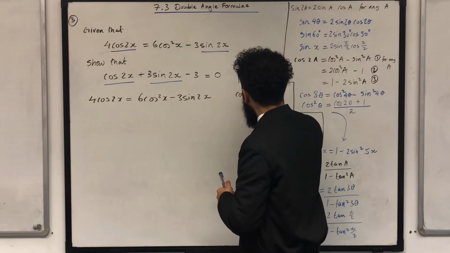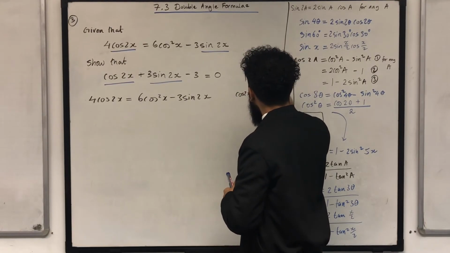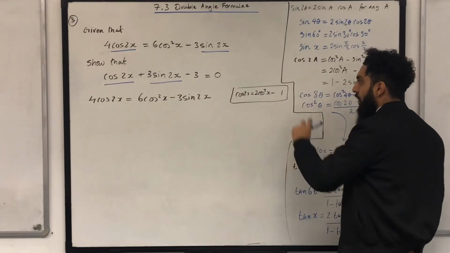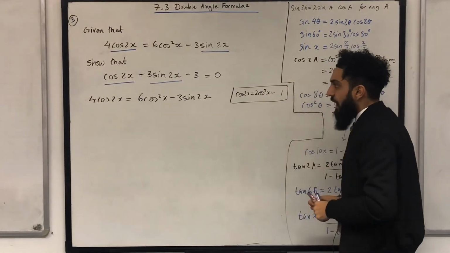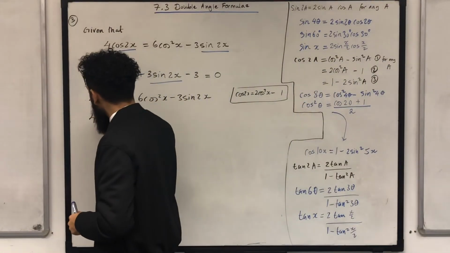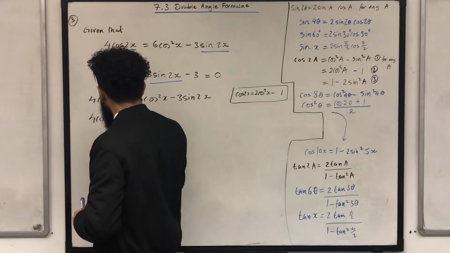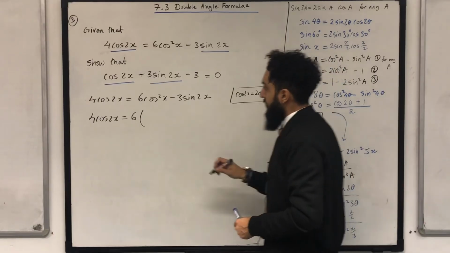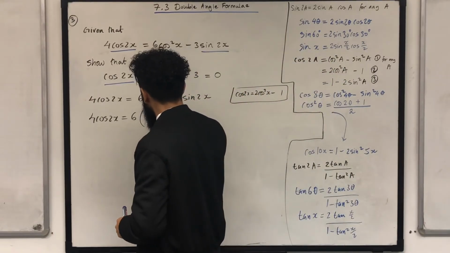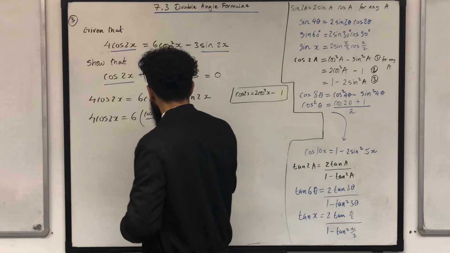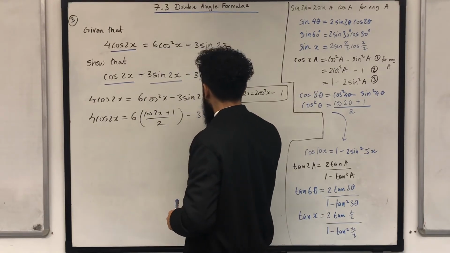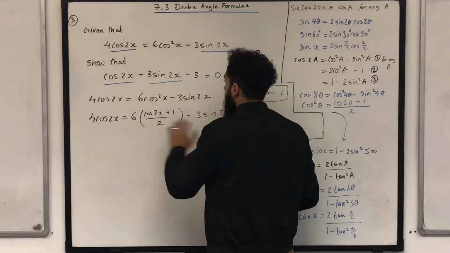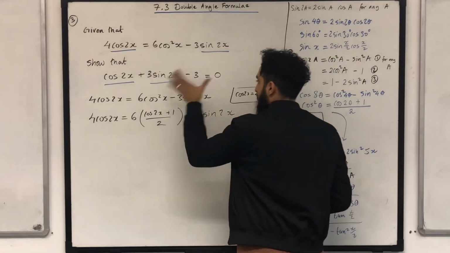Okay, so using representation number 2, modifying it, because over here you've got x's, I can modify that and write cos 2x is equal to 2 cos squared x minus 1. Over here, what I need to do is make cos squared x the subject. So if I make cos squared x the subject, I can replace the cos squared x with cos 2x plus 1 divided by 2. Now all I need to do is expand and simplify this, take everything to one side, and I should end up with this result over here.